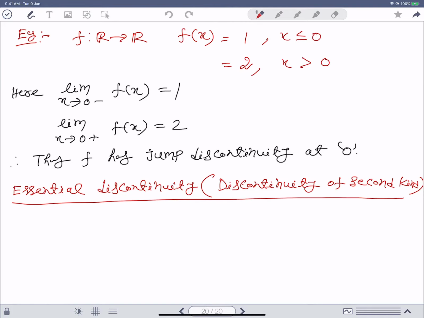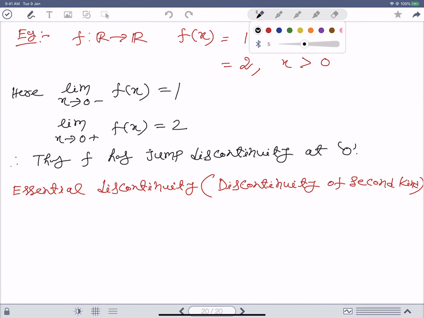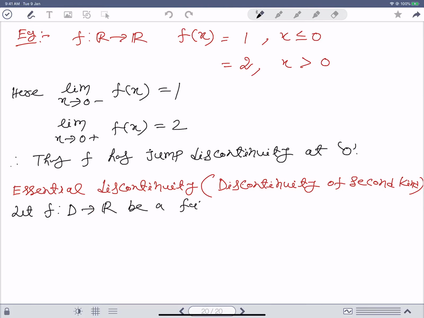Okay, so again, let f be a function and a belongs to D, right?